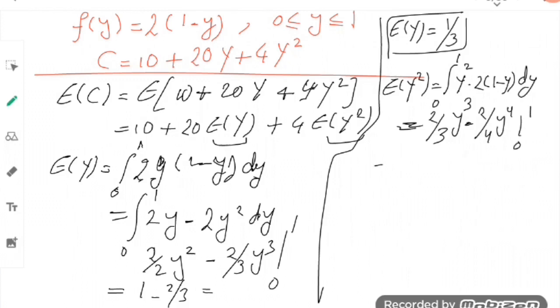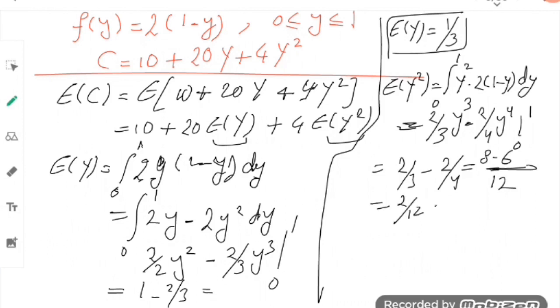This gives us 2/3 minus 2/4. The common denominator is 12: 4 times 2 equals 8, 8 minus 6 equals 2, divided by 12, which is 1/6. This is the expected value of y to the power 2.